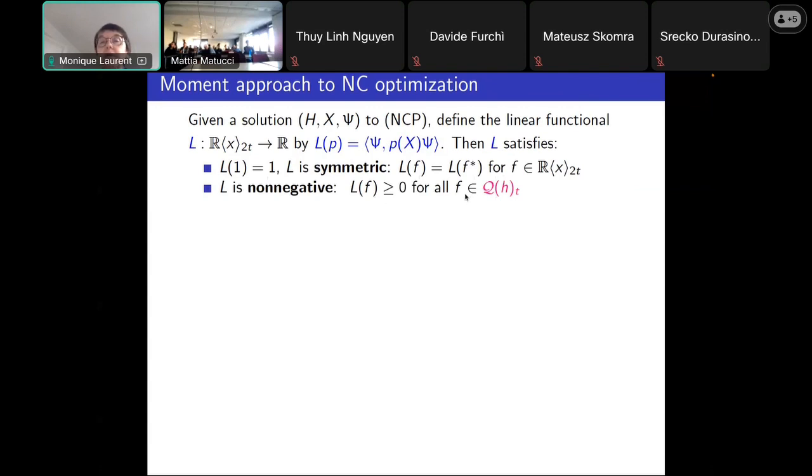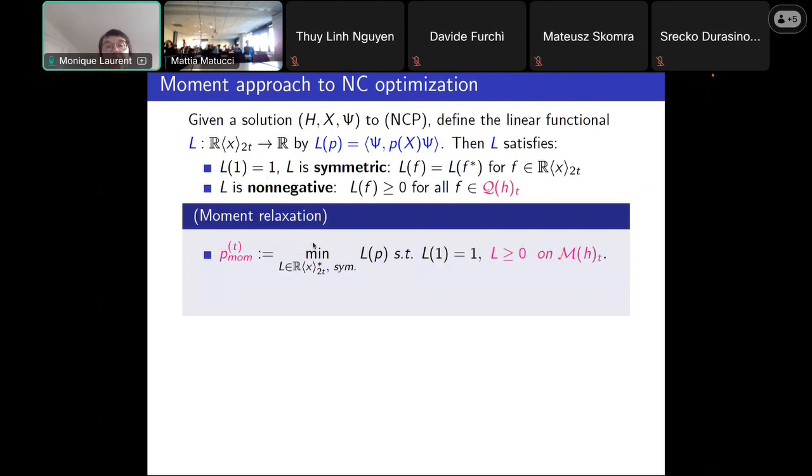For instance, if F is a sum of Hermitian squares, of the form Q star Q, then L of Q star Q would be psi, Q star X, Q X psi, so this would be a non-negative number. And the same holds with the constraints. So L is non-negative on the quadratic module.